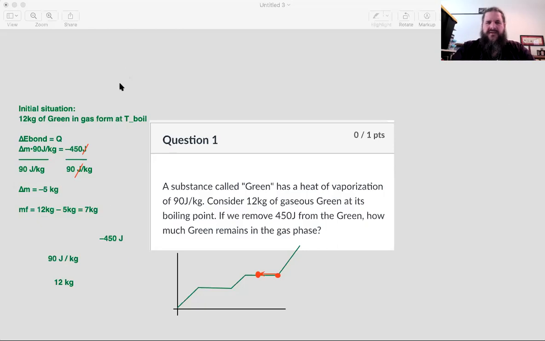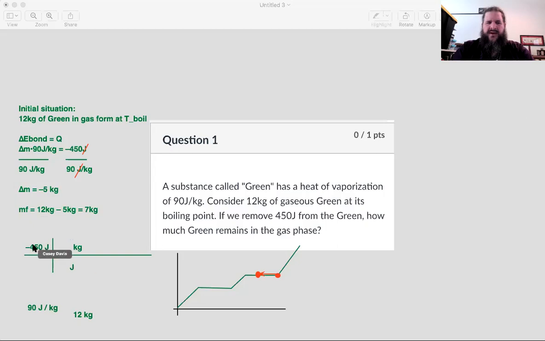It might help to think of this as a conversion factor sort of thing, that we have joules. Let me move these aside for a moment. We have joules. And if you think of this as a conversion sort of thing, we want to convert this into kilograms, which means we want to get rid of joules and we want to introduce kilograms.